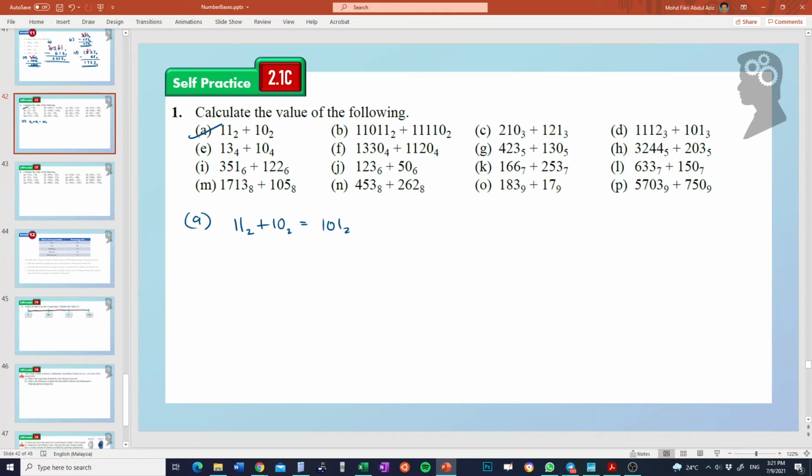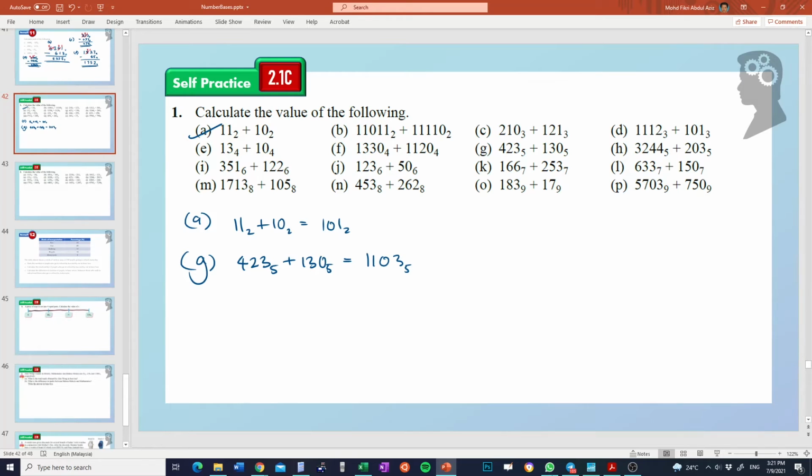Okay, I want to sample maybe 3 questions. Okay, next is G. Question G is 423 base 5 plus 130 base 5. So what's the answer? 1103 base 5 ke cikgu? 1103 base 5.